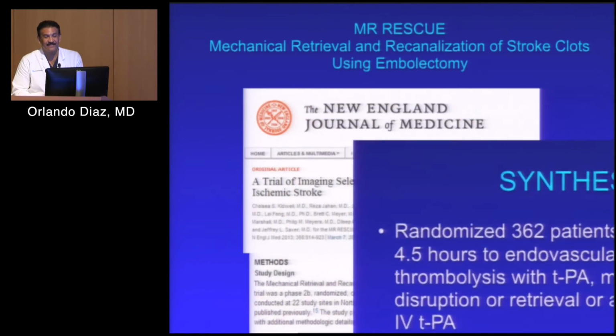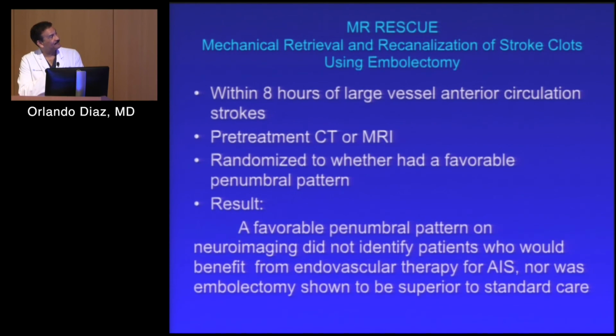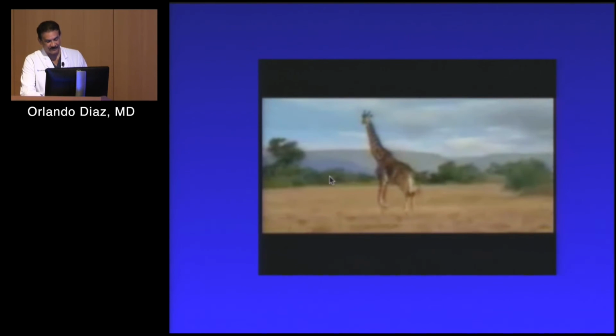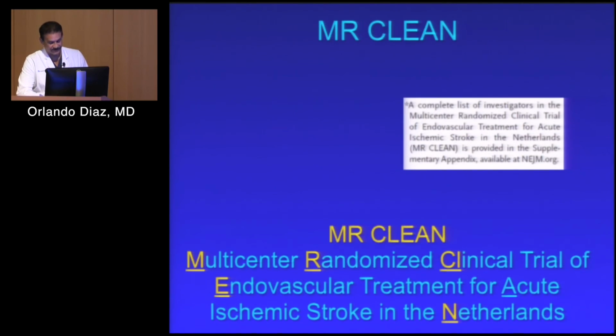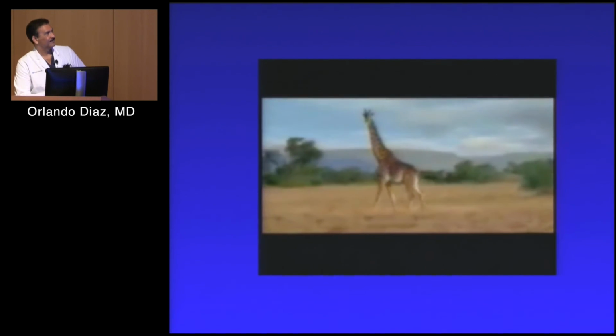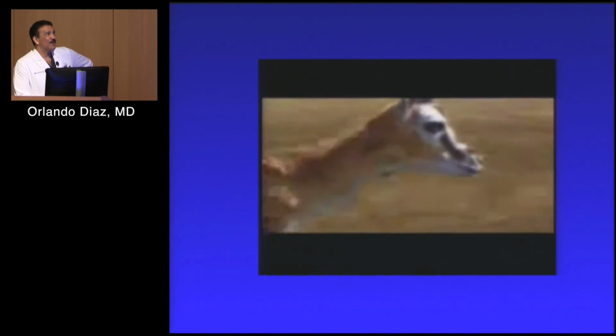IMS3 and SYNTHESIS, MR RESCUE, same. So in 2013, they say, you guys, you're opening, the patient is not better. So we were sad because everything we did was not good.